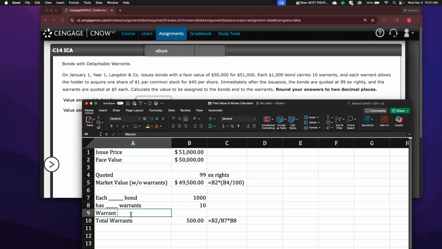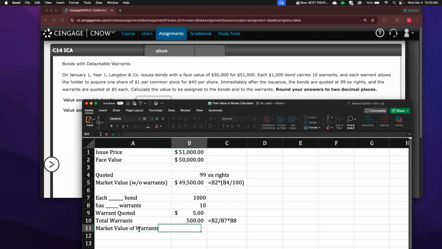Let's get a warrant quote. Our warrants are quoted at $5. So the market value of warrants equals our 500 warrants times $5 each, $2,500.